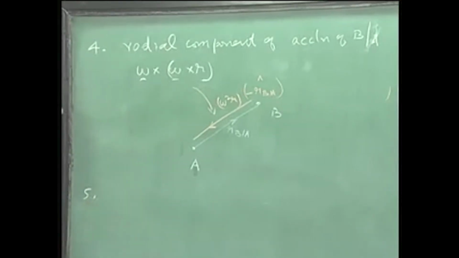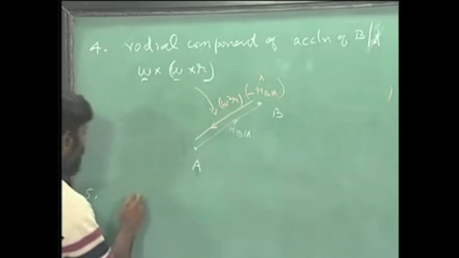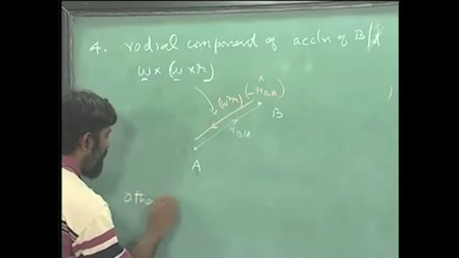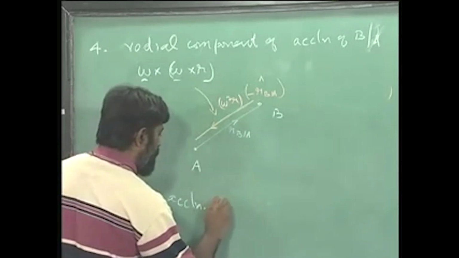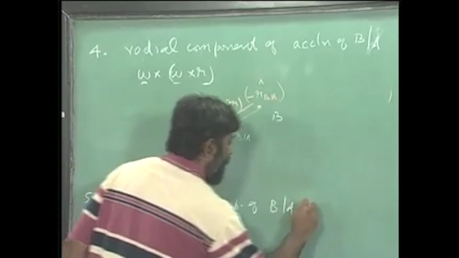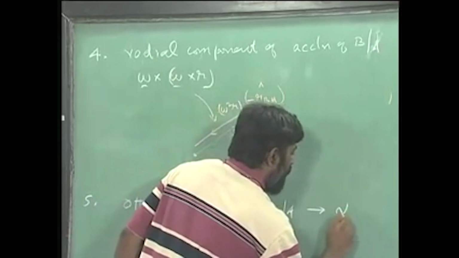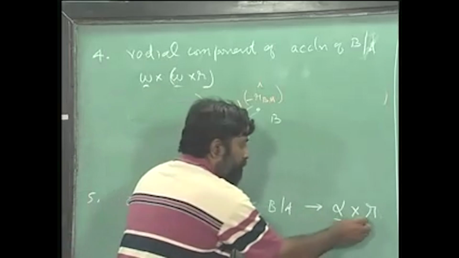Of course, naturally the next step is with respect to the other acceleration component, that is very simple. What is that? Alpha cross r. What is the direction of alpha?